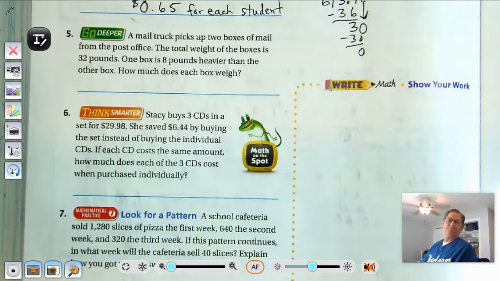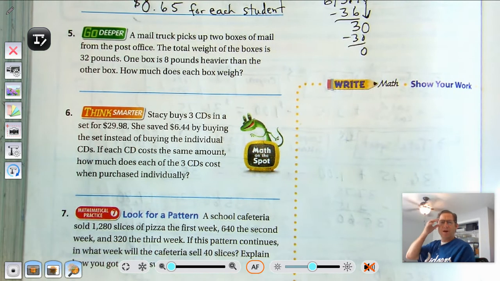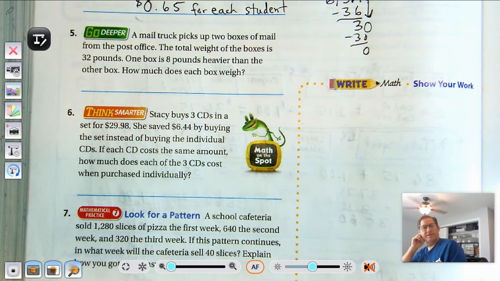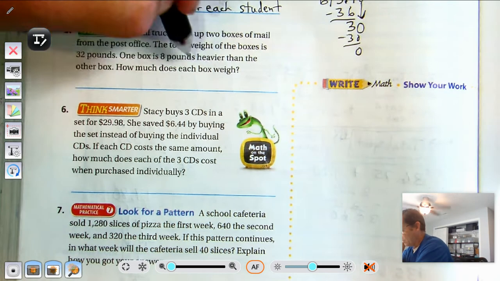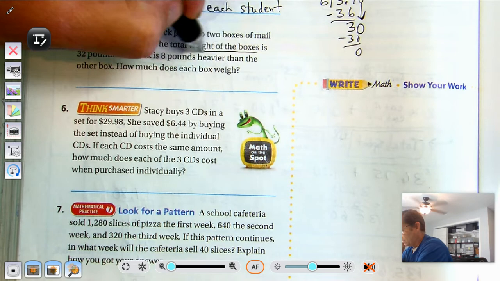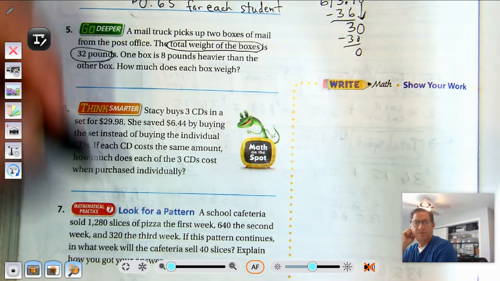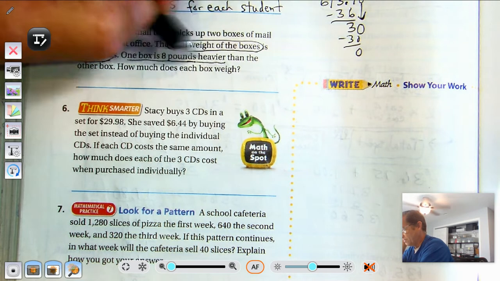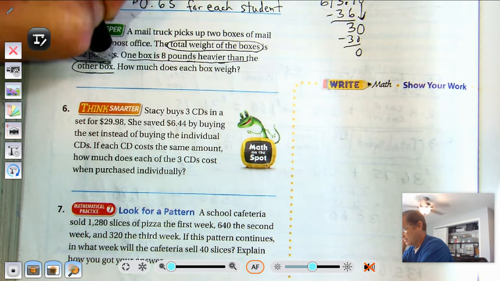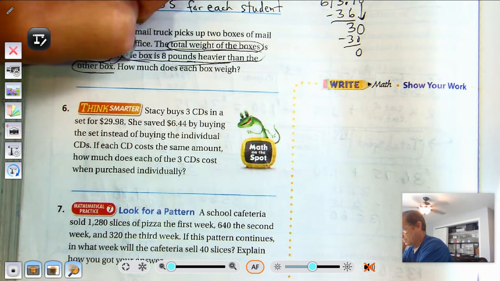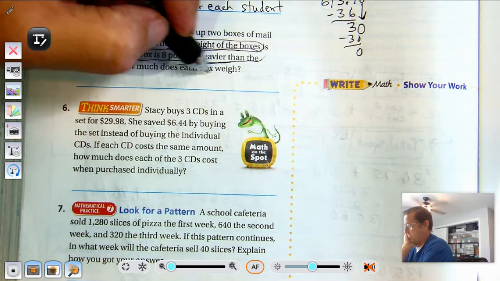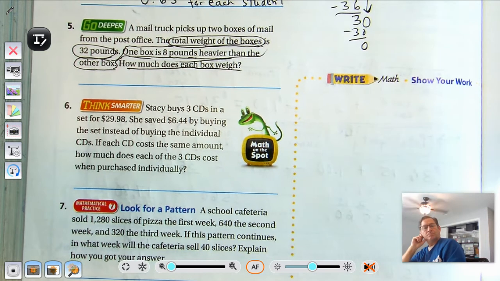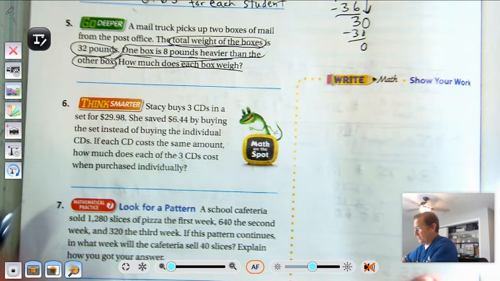All right, number 5. A mail truck picks up 2 boxes of mail from the post office. The total weight of the boxes is 32 pounds. Total weight, 32 pounds. One box is 8 pounds heavier than the other box. How much does each box weigh? Well, let's see if we can figure this out.